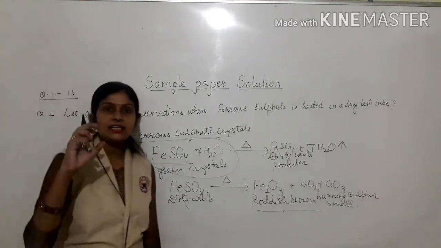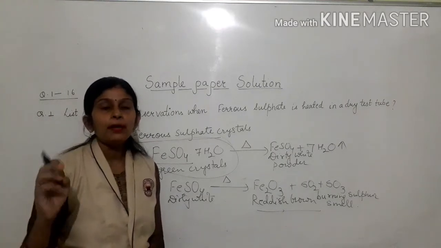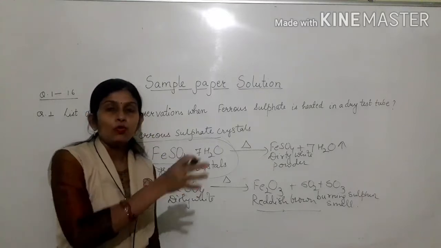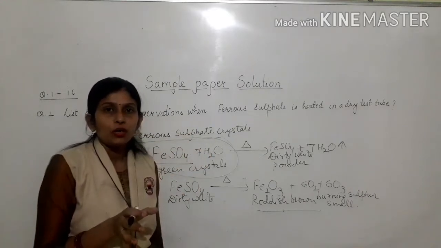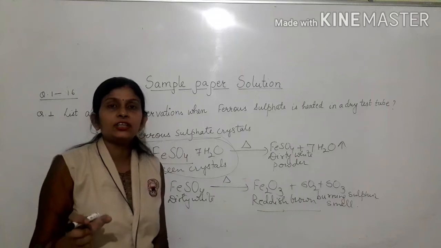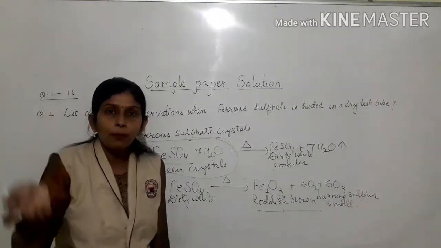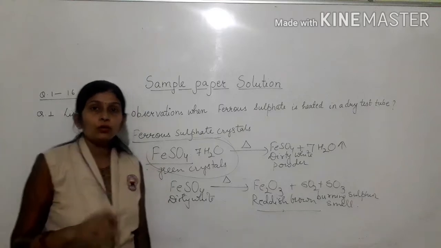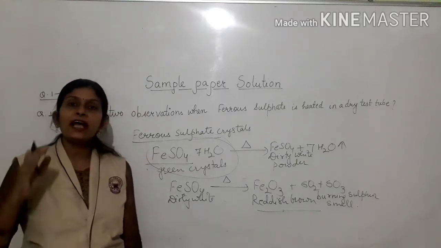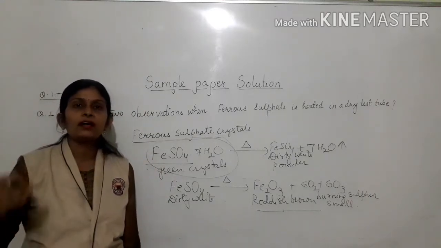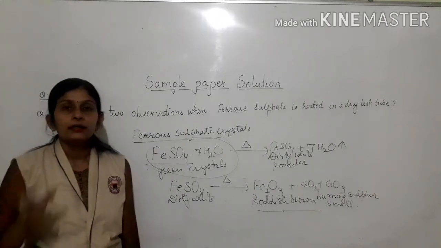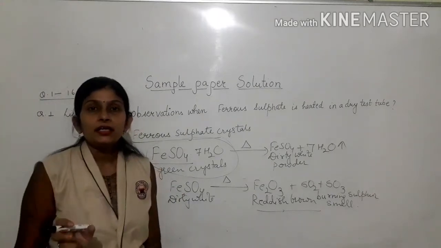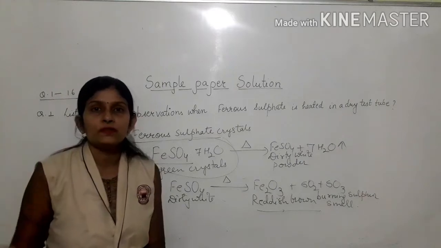Now the answer is very small, but behind the answer, what is the thought process? What is the chemical reaction that you have to think upon? It is more important. Okay, so before solving any question, whether it is of 1 mark, 3 marks or 5 marks, the most important thing is the thinking process, the thought process.